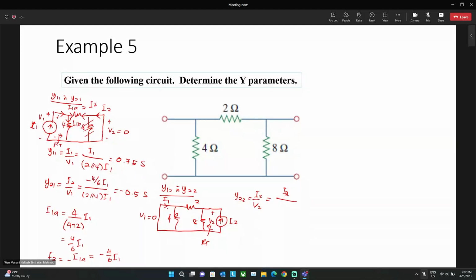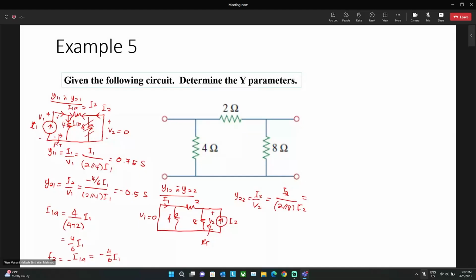Okay, macam mana nak kira? So, since this is a short wire, which is parallel to 4, 4 ni kita boleh ignore lah. Okay, umpama tak ada resistor dekat situ. Yang ada cuma 2 parallel dengan 8. Darab dengan I2, terus dapat V2. Okay, so daripada sini, you tekan je calculator.